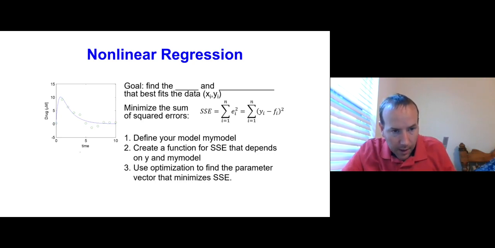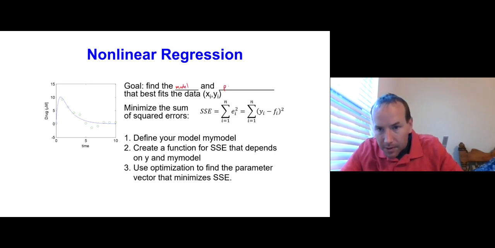Say you've got a time course where you've measured drug after it gets injected, and you're measuring how much drug is in the blood over time. So it goes up and it comes back down, and you measure at these circles right here. And so what we're going to be doing is trying to find the model and the parameters for that model that best fit the data.